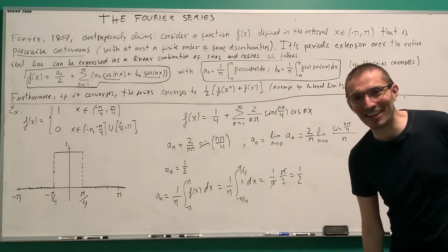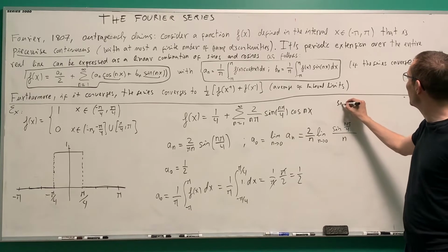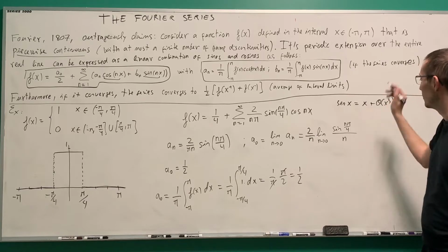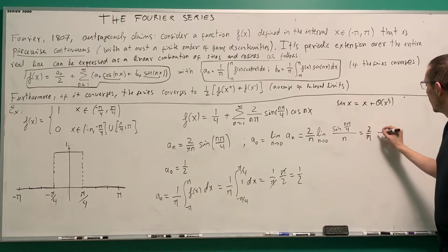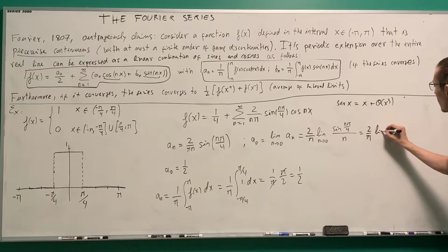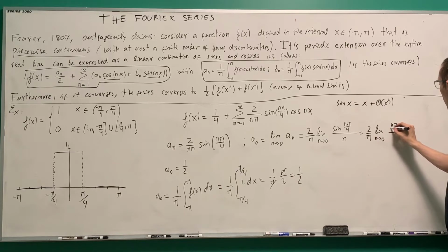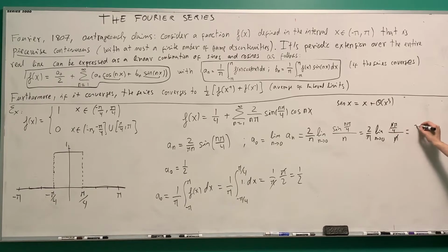I'm not going to do L'Hopital because it's much faster to do a Taylor expansion. The sine of x goes like x plus things of order x cubed, and I don't need more than that. So this is 2 over pi, and then doing the limit when n goes to 0, the series tells me first term only, n pi over 4 divided by n. Nice, the n cancels, so this thing is 2 over pi, and then pi over 4, and the pi's cancel, it's 1 over 2.